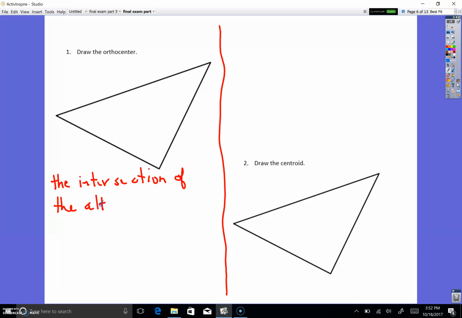Okay, and remember, the altitude is, you draw it as a line that is perpendicular to base and goes to the vertex.